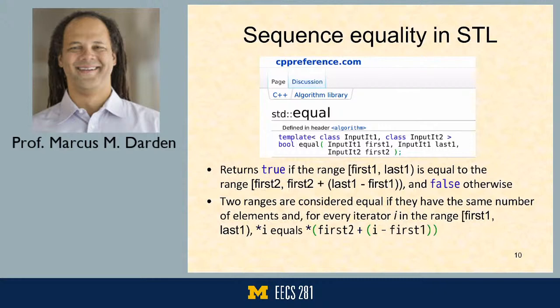So I can do this sequence equality in the STL, and I've got this 3-iterator function, equal, right? And what I need to do to determine whether or not these things are equal is I need to know where the first string starts and ends, or the first item in the sequence 1 starts and ends, and then I need to know where sequence 2 starts. I don't need to know where sequence 2 ends, because this equal is just going to return to me where this equality works out, right?